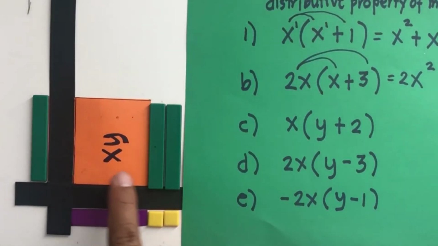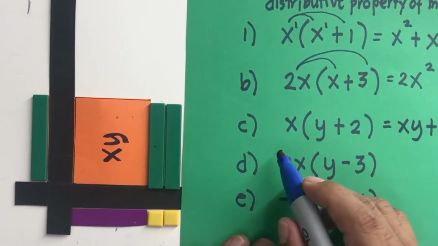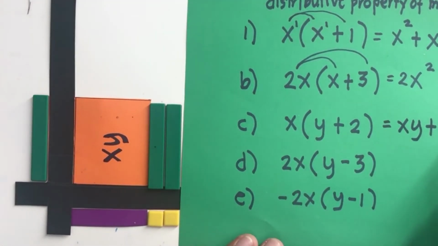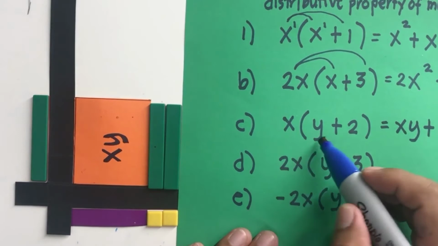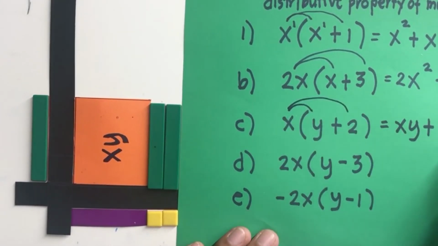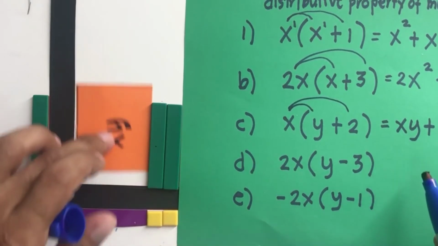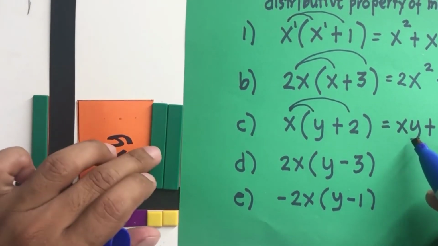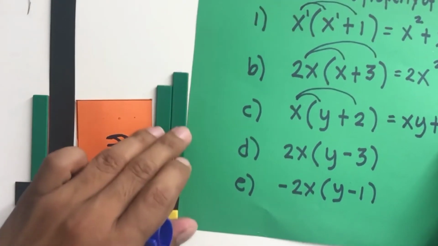So xy plus 2x is the product, which you can also get by the distributive property of multiplication over addition. X times y is this xy. X times 2 is 2x. The xy is this part. The 2x is this part.